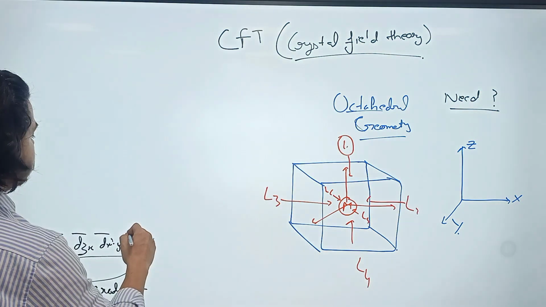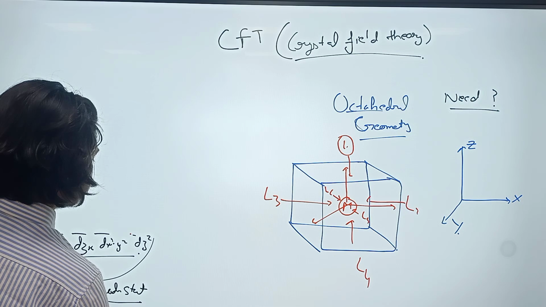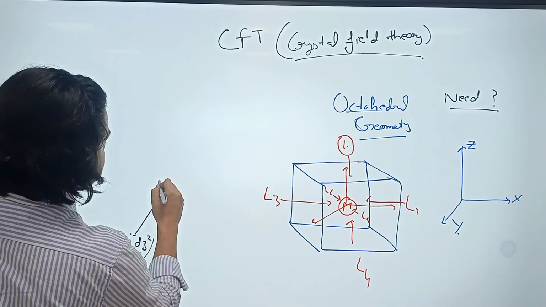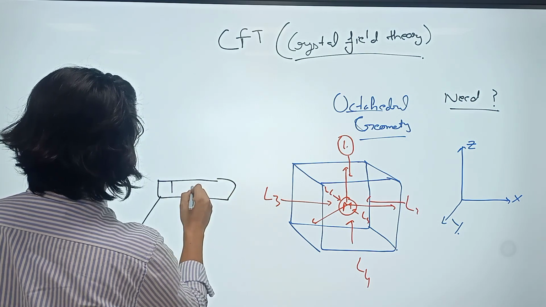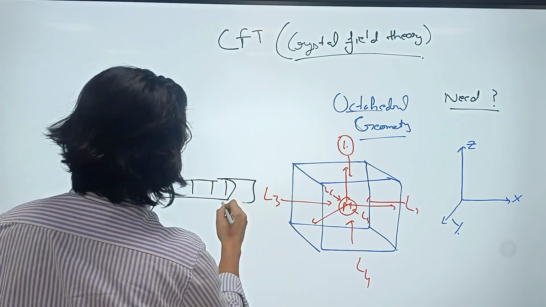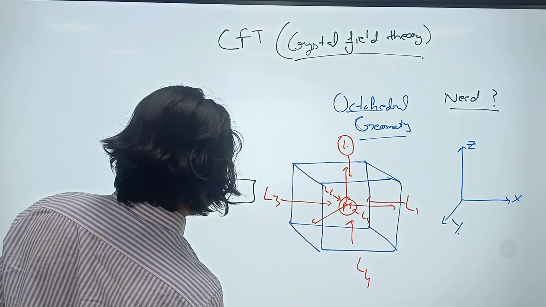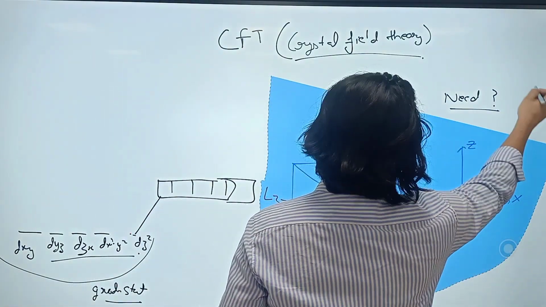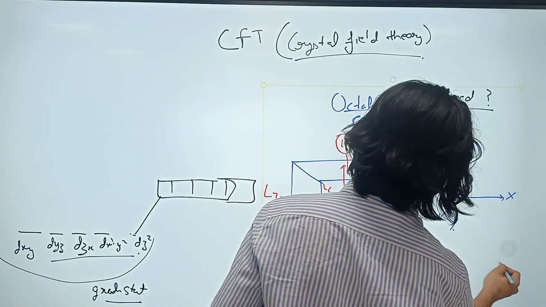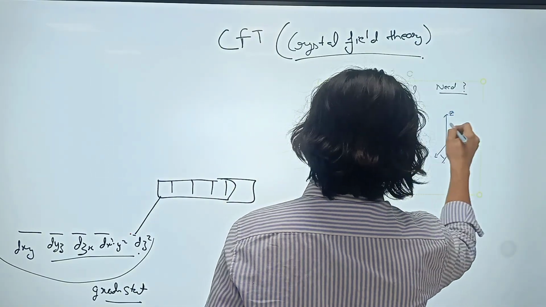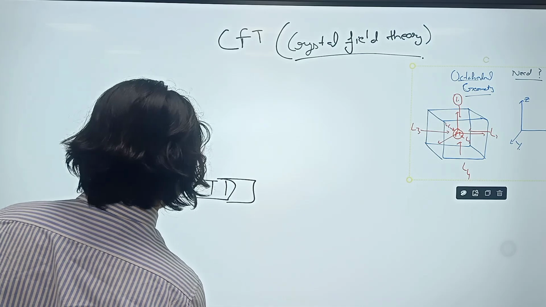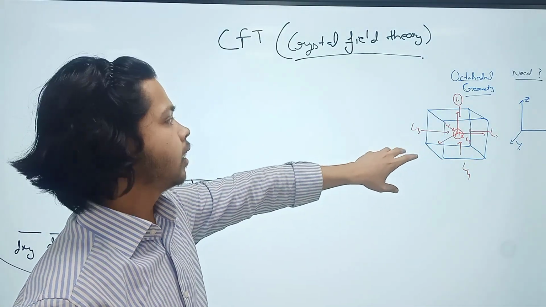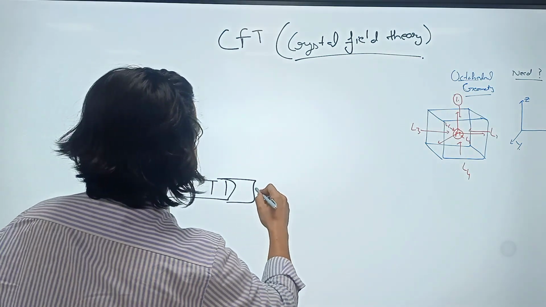Initially all the orbitals get destabilized, and because of this secondary interaction, splitting of the orbitals takes place.